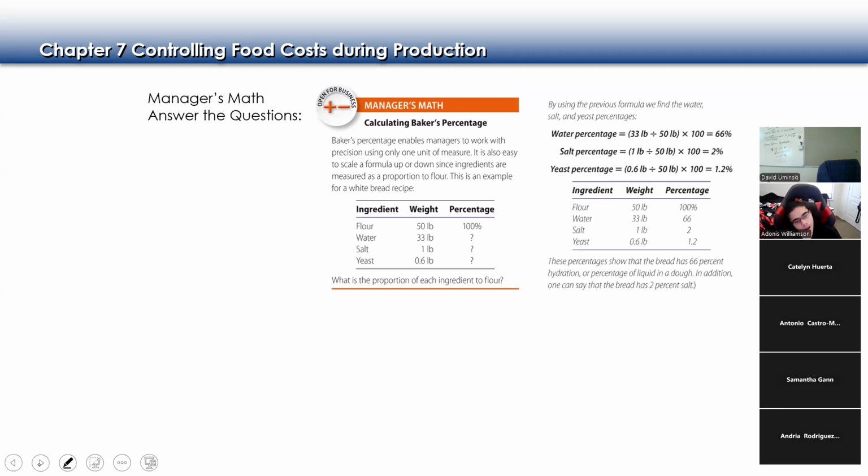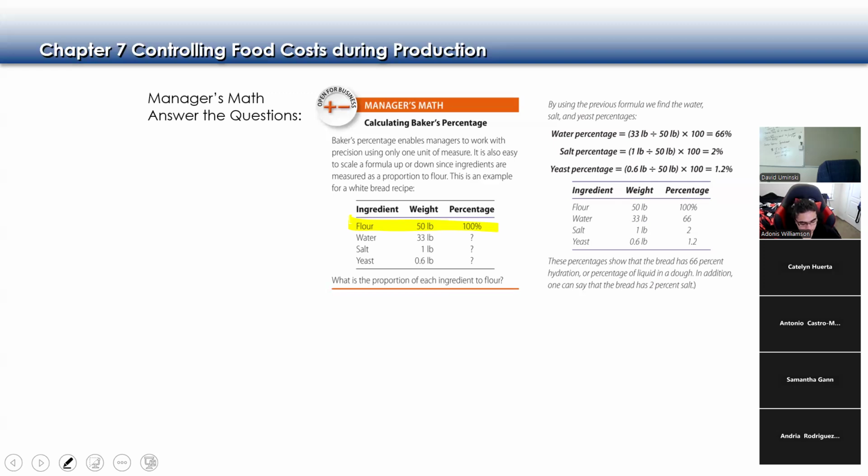Baker's percentage is actually very similar to the popularity percentage that we just did, in a way. With baker's percentage, our flour is always 100%.